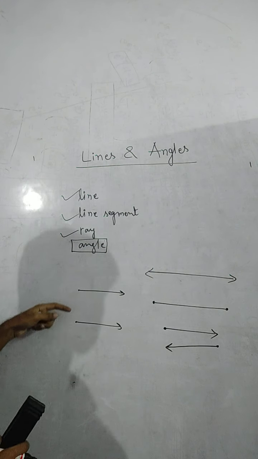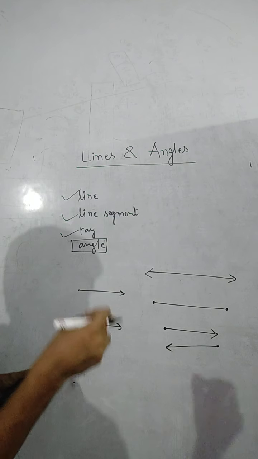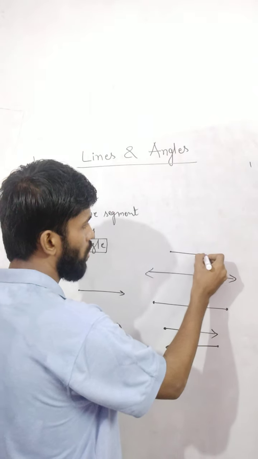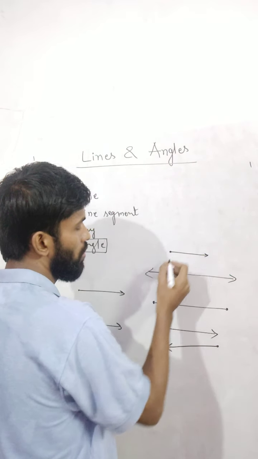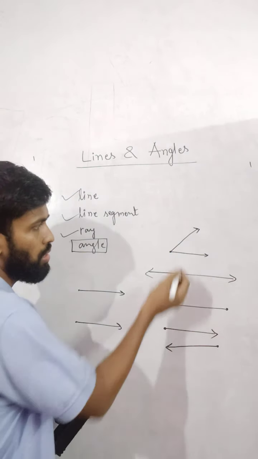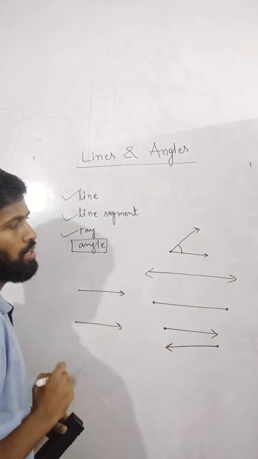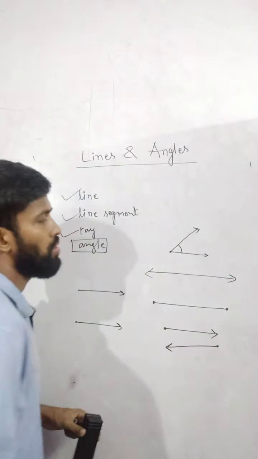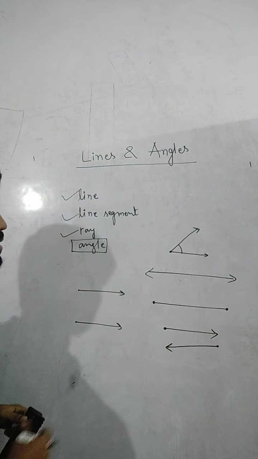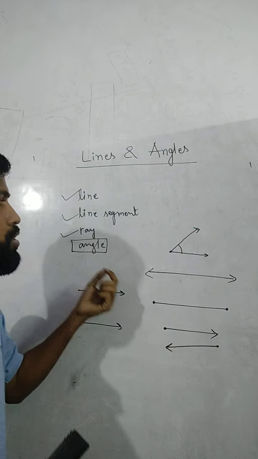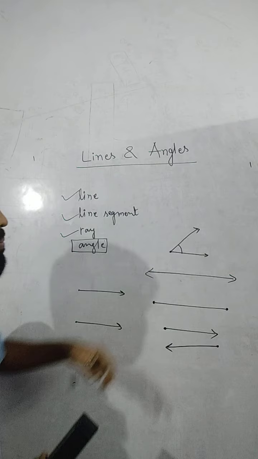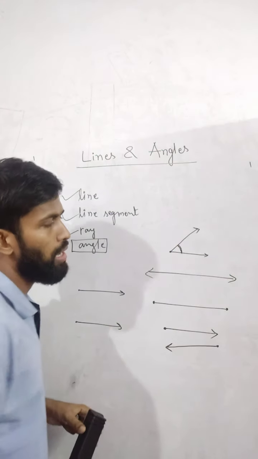When two rays meet or originate from the same point, like this is ray 1 and another ray which originates from the same point, then the space between these two rays is known as the measure of this angle. This is an angle. What did I say? When two rays originate from the same point, then the space between them is known as an angle.